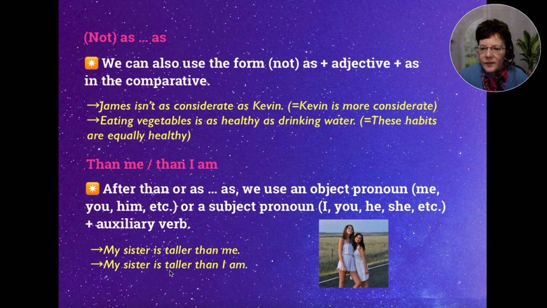For example, my sister is taller than me, or my sister is taller than I am. So, I am is functioning as the auxiliary verb here, the be verb. So, same here, even just the is. So is taller than me. All right, so next one.